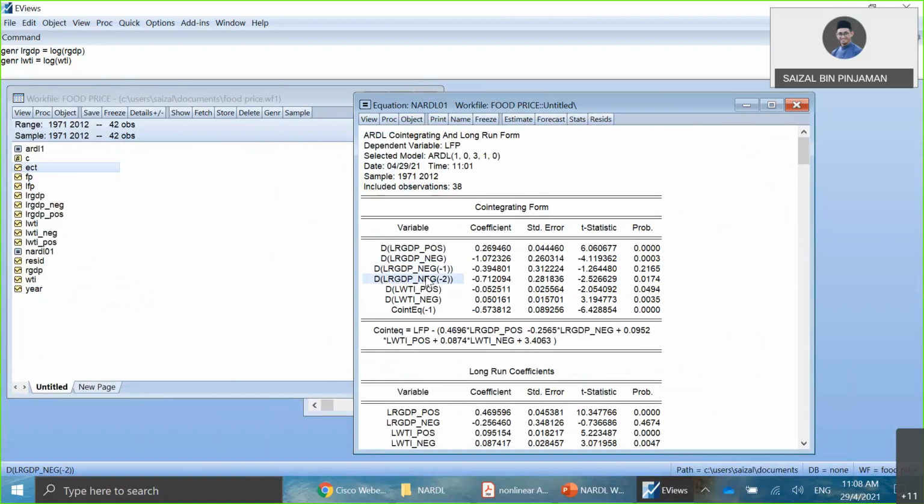To make it more convenient for us to run the ECM model, let us create these new variables. What are these new variables? These variables are the variables in their difference form. Because remember, when we run the ECM, it needs to be based on this same exact form.